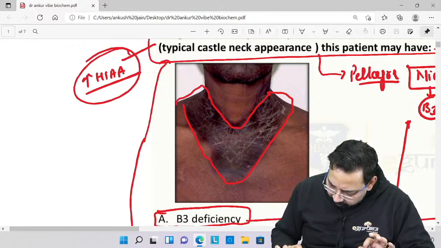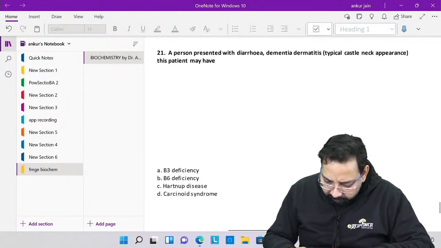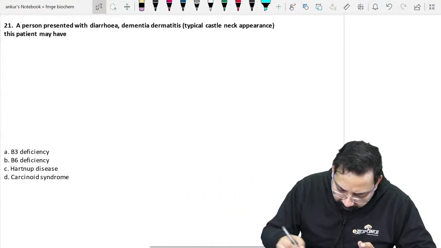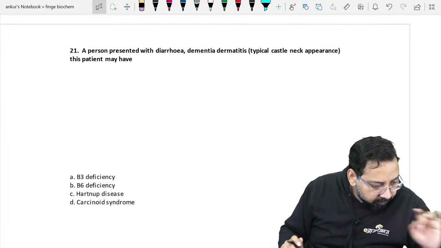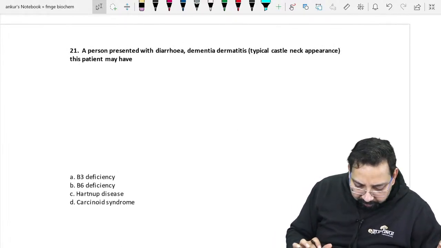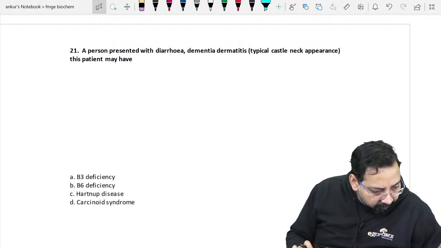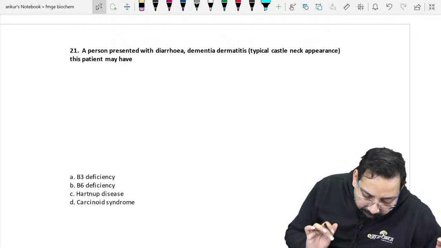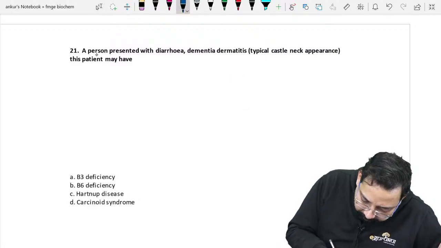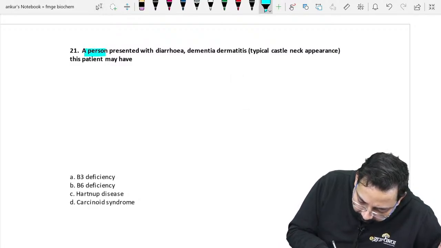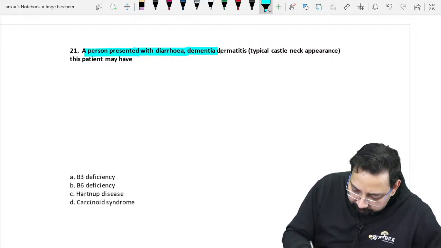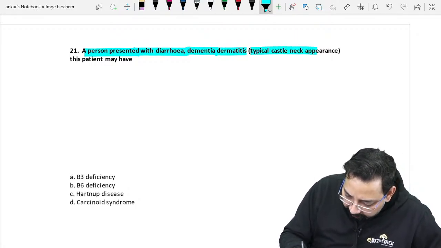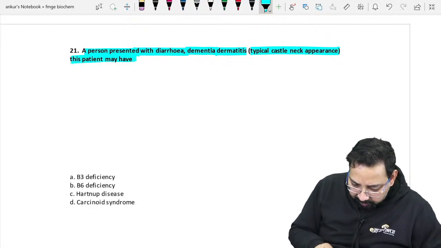Now I say the same picture is here and they gave this question, and please tell me the answer. Now you have read each and everything. Now I explain how they are asking the question. A person presented with diarrhea, dermatitis, dementia, typical castle neck appearance, the patient may have.